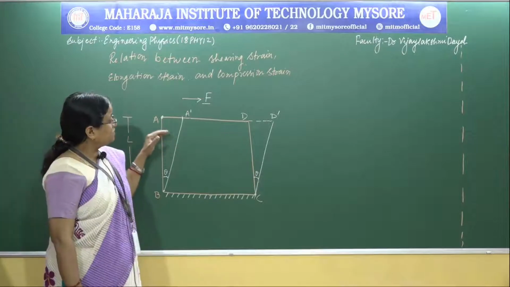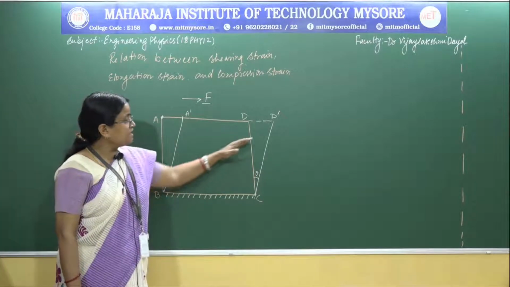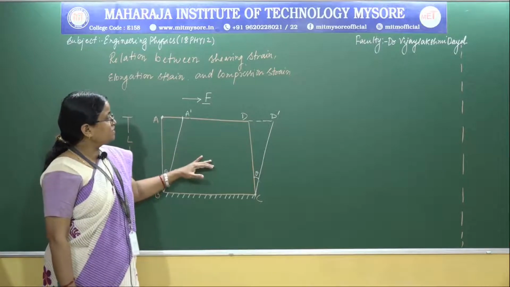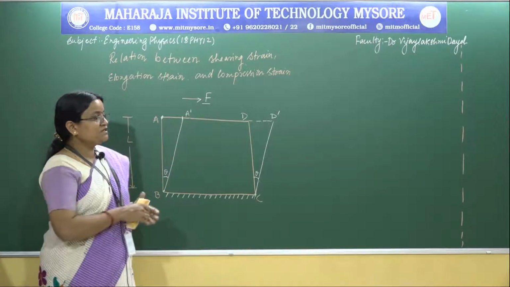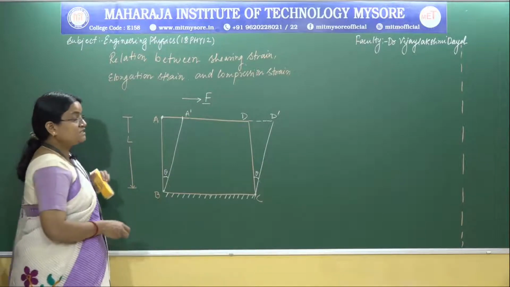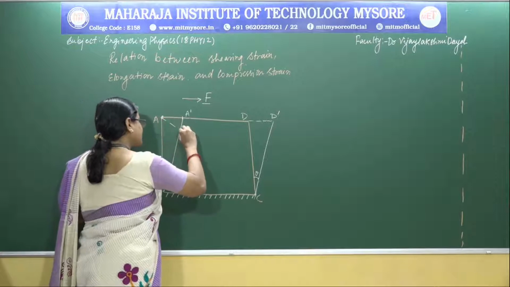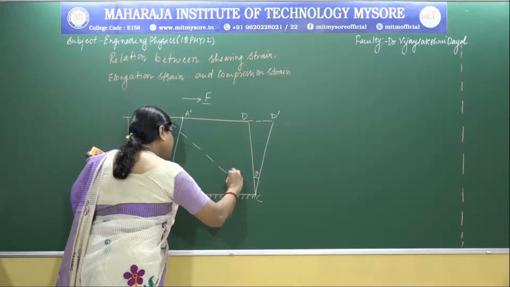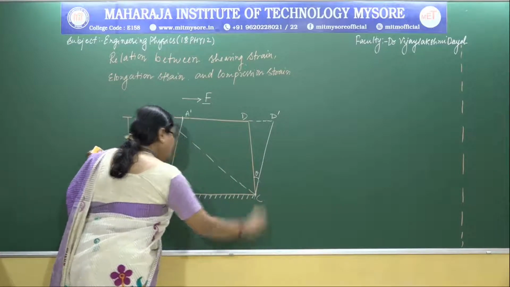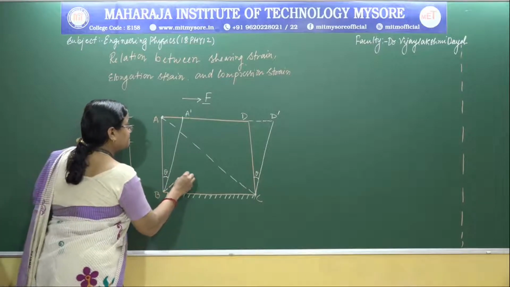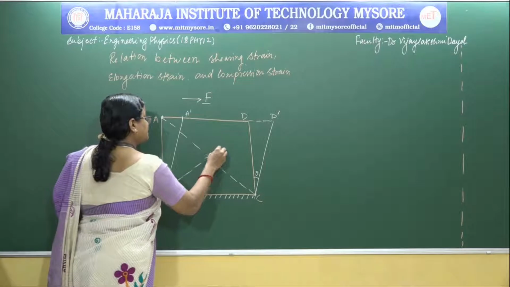To find out how much compression and elongation is taken in the diagonal of the cube by applying the tangential force, we will join the points AC and BD.